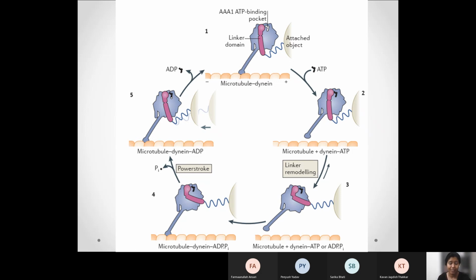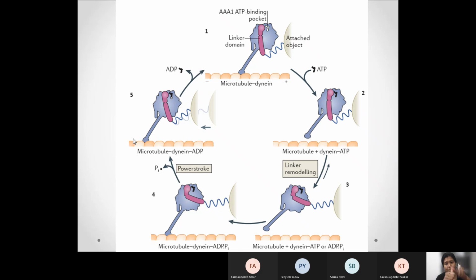But this second binding site could also be at the back, because dynein, unlike kinesin... for single kinesin heads, we have seen that sometimes the kinesin heads can move backward. But usually if you have dimeric kinesins, then this backward motion is inhibited and it keeps moving forward. For dynein, the motion can also be backward even when it is in the dimeric state.